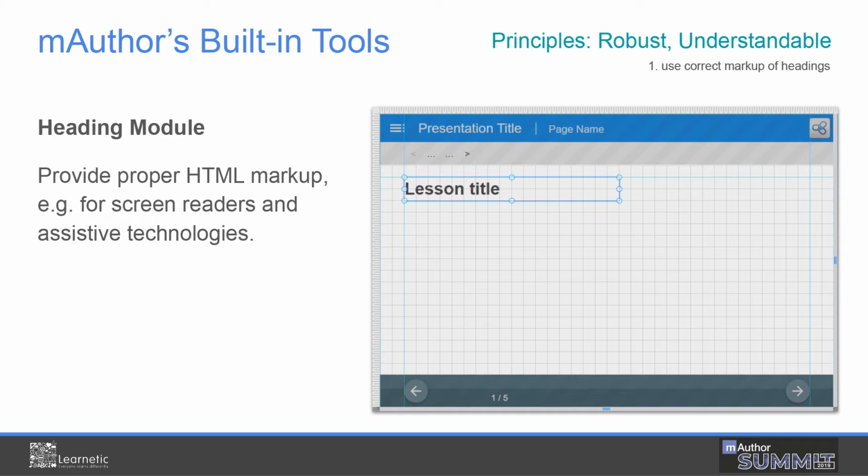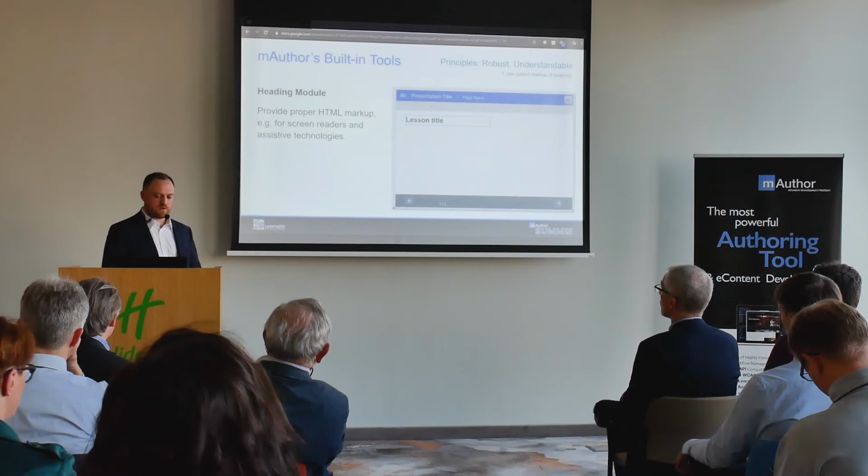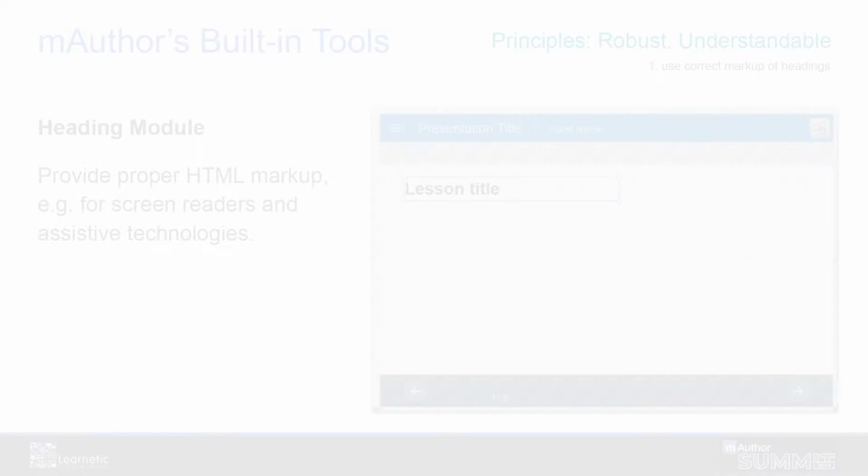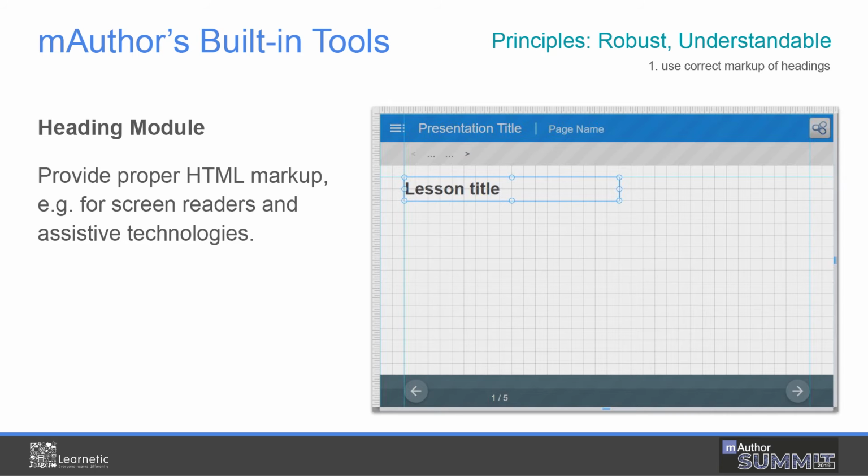So now, the mAuthor built-in tools. I will go through tools that are already developed, and also the ones that we are thinking about implementing in the future. First, the very basic one, the heading module.